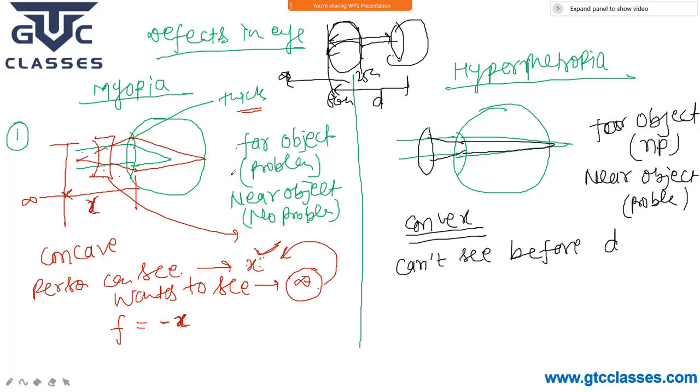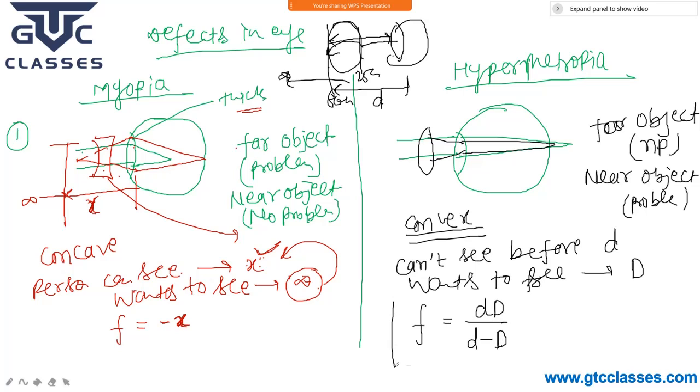And person wants to see which is at a capital D distance. It can be focal length, it can be any distance which is here. Let's say you would like to read at 25 centimeter, you want to do that. What is the focal length will come out to be? We can apply the lens formula and we will get small d capital D divided by small d minus capital D.